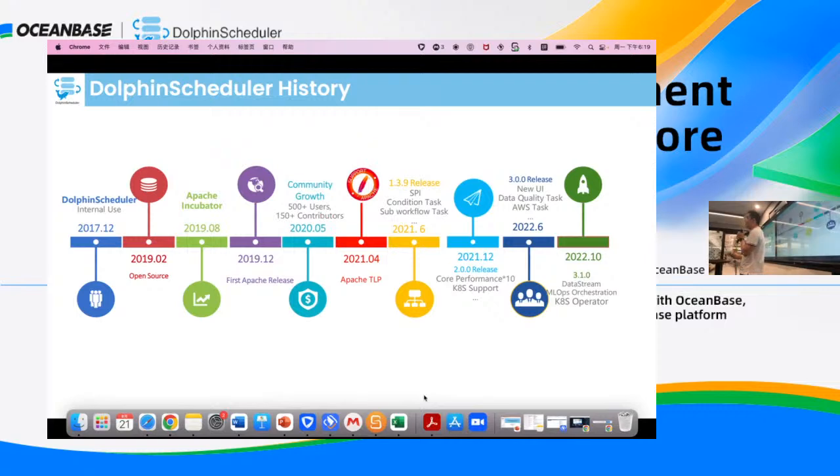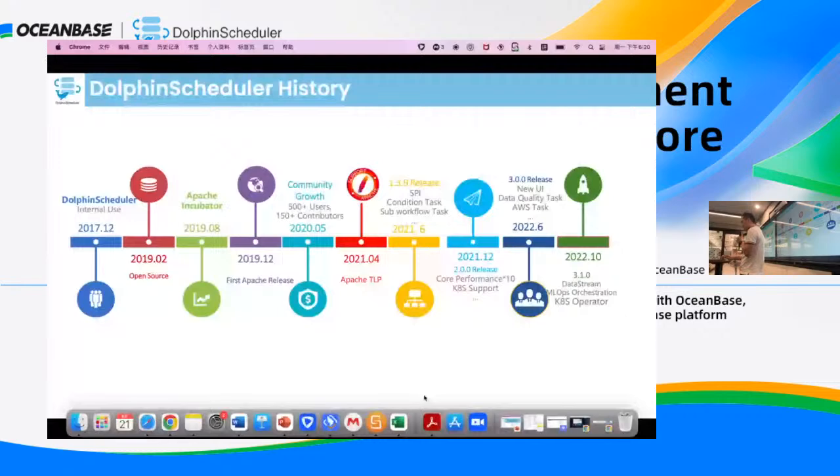Okay, a little bit about the DolphinScheduler history. DolphinScheduler was first created in 2017 only for internal use, and then it was open sourced in 2019, and the same year it went into the Apache incubator as the first open source version.